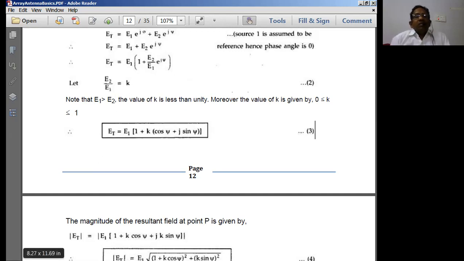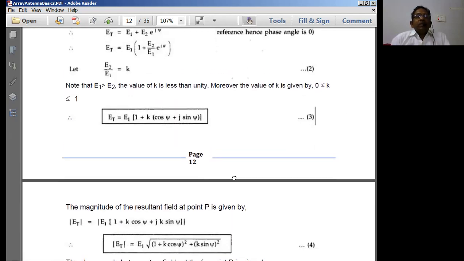Similar to that, here we write. So note that here E1 is greater than E2 because E1 is the reference. Therefore, this factor definitely becomes less than 1. So therefore, K is going to lie between 0 and 1 definitely.